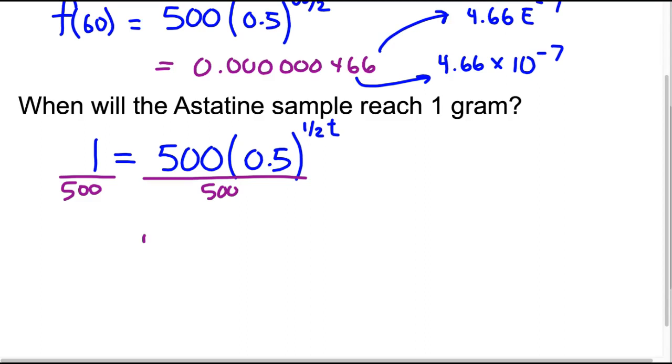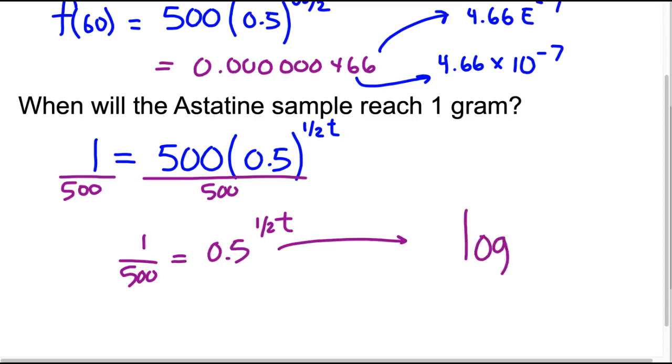So we have 1 over 500 is equal to 0.5 to the 1/2 t. Now I rewrite it as a log. That's going to be the log of 1 over 500, the base is 0.5 or 1/2, and that equals 1/2 t.